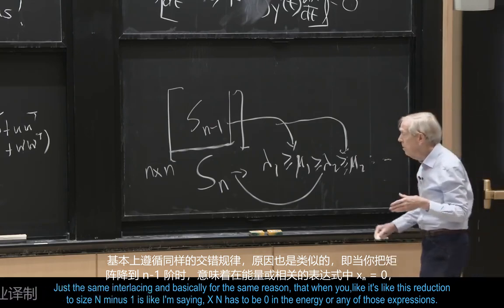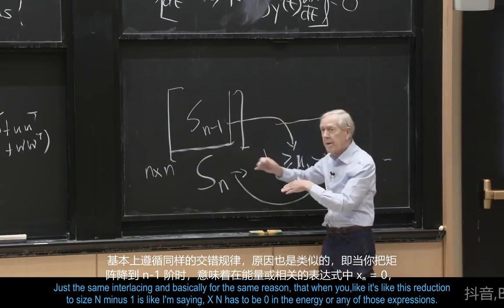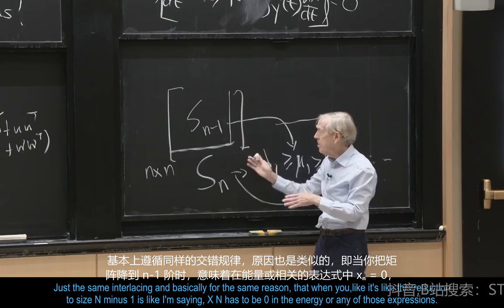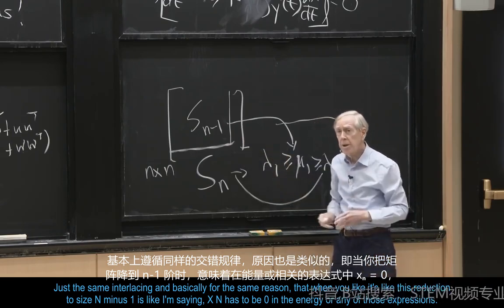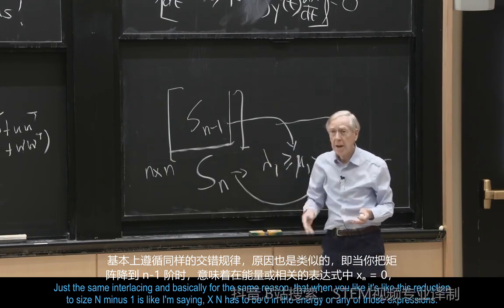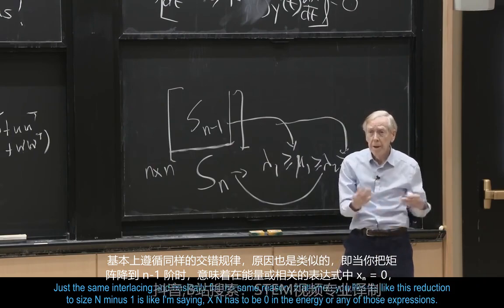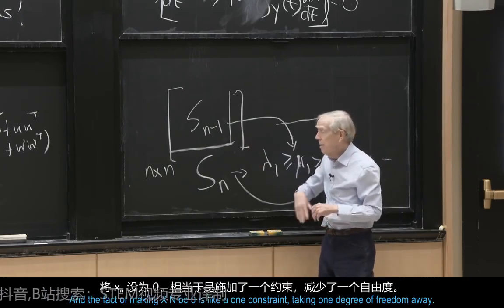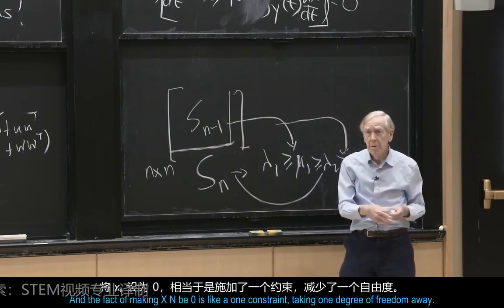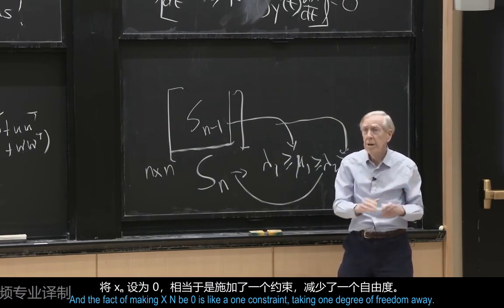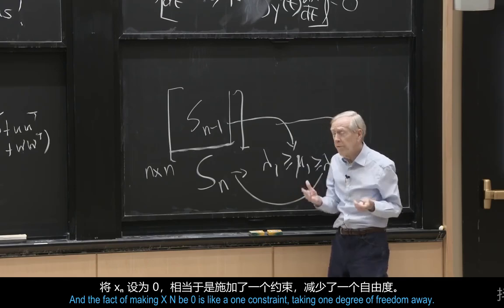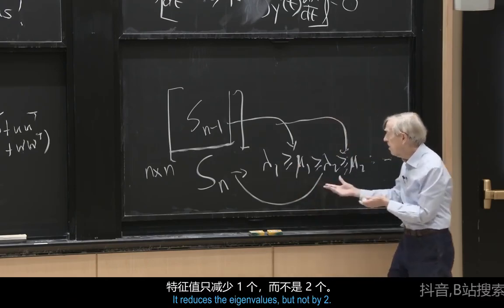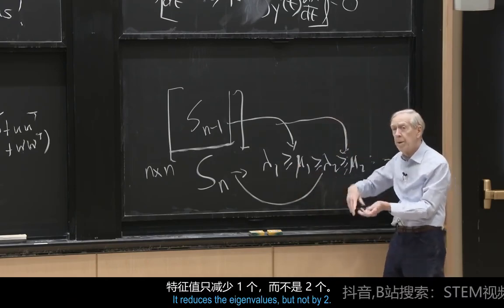That when you reduce to size n minus 1, it's like I'm saying xn has to be 0 in the energy or in any of those expressions. And making xn be 0 is like one constraint. Taking 1 degree of freedom away, it reduces the eigenvalues, but not by 2.